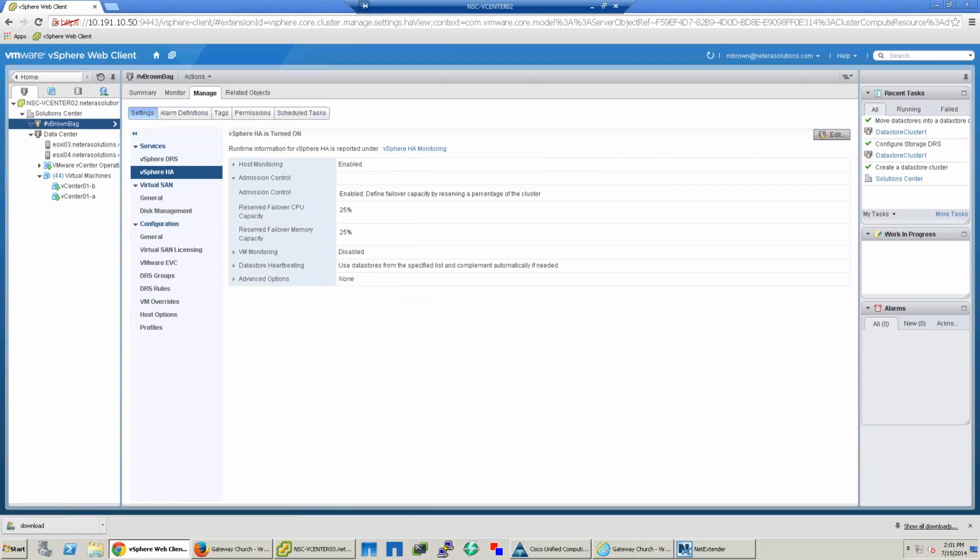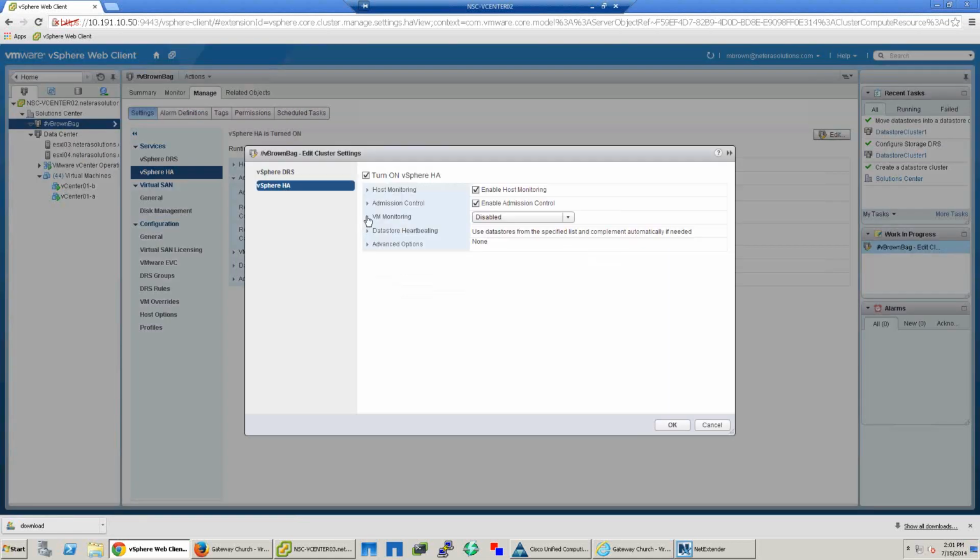Okay, so let's configure this slot size.